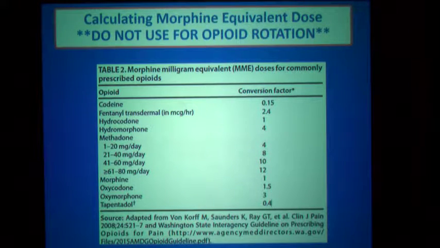And what's really great about this is finally, because this was really frustrating to me, finally they defined what it was for methadone, because for a long time people were like, well, we don't know what it is for methadone, I don't know, just be careful. It's like, well, what does that mean? What does be careful mean? How careful?